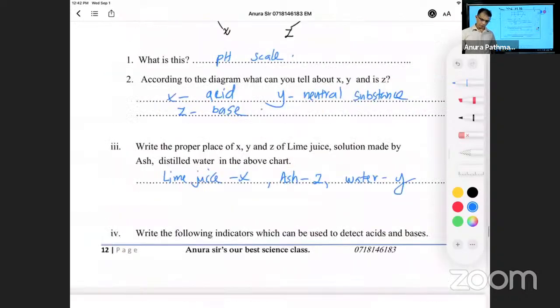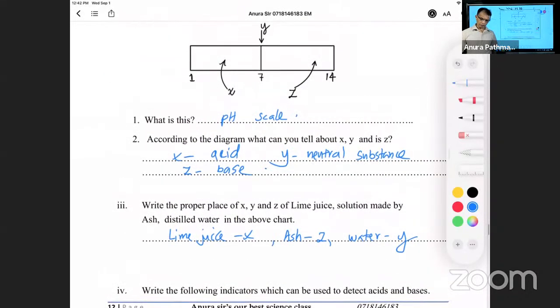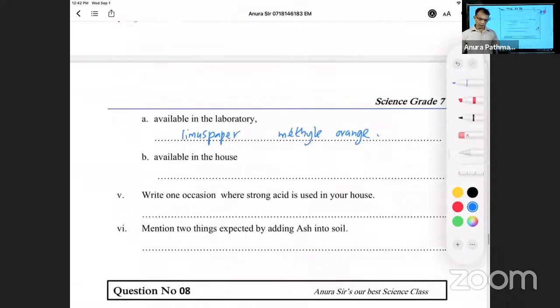Available in the house: red shoe flower, boiled shoe flower water.